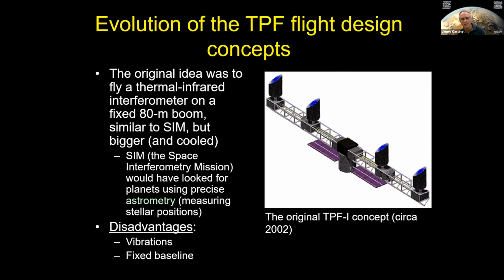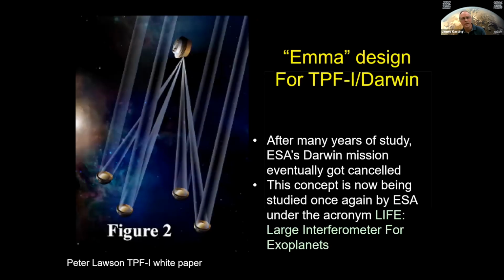The disadvantages of both SIM and TPFI is that booms vibrate, and JPL learned about that by studying the SIM boom for several years and finding out that it vibrated on multiple different spatial scales and frequencies. So the Europeans picked up on this and studied space-based interferometry using a free flyer interferometer.